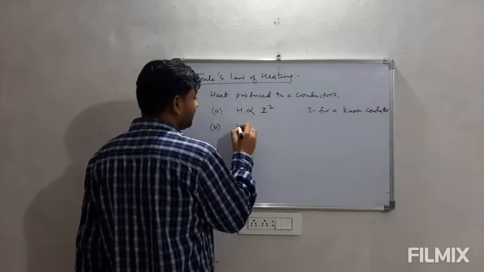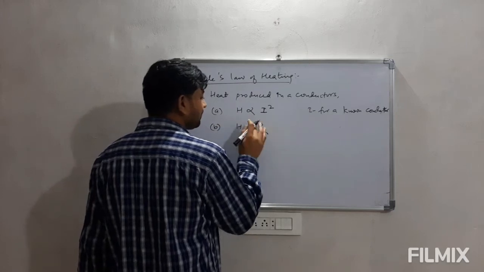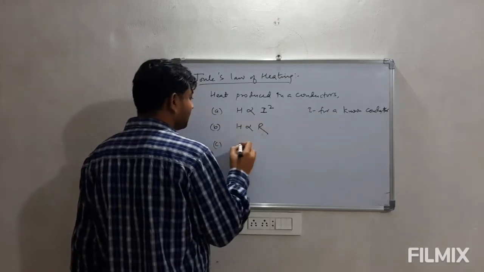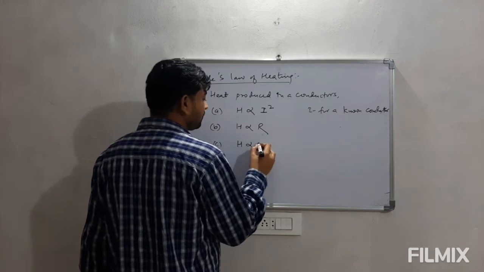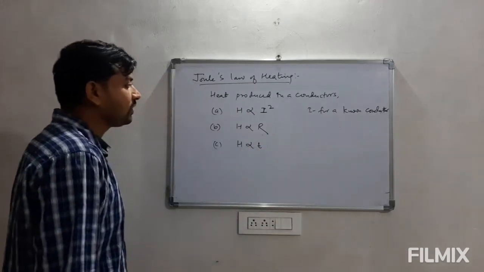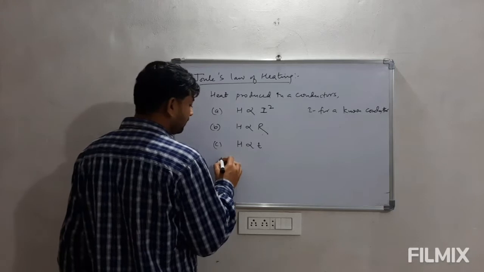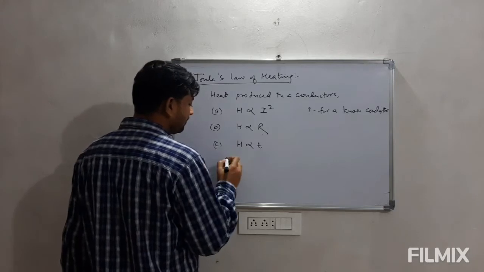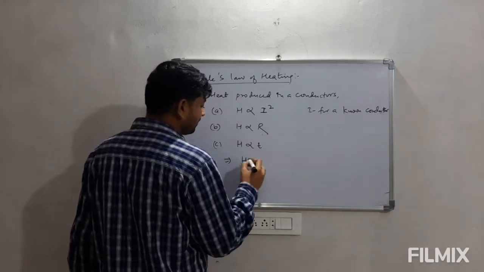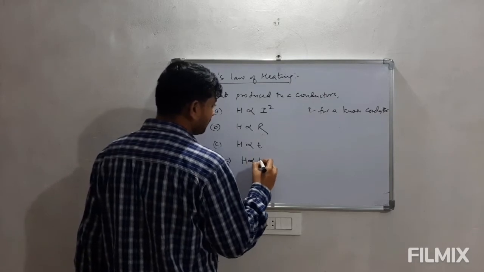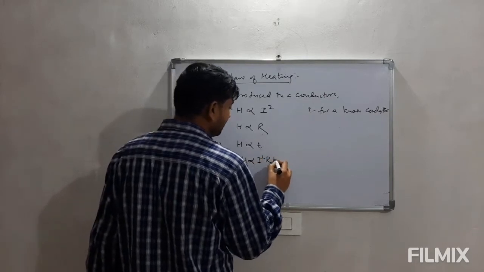Second, heat is directly proportional to the resistance, and third, heat is directly proportional to time. So if we combine all this, we have a relation that heat is directly proportional to I square RT.